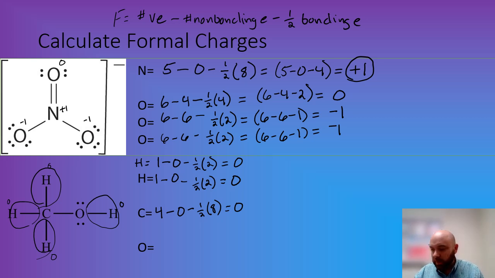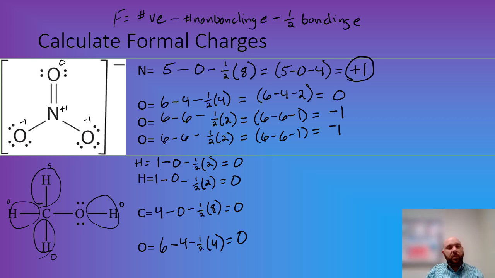In this particular molecule, our oxygen, which normally has 6 valence electrons, has 4 non-bonding electrons and also has 4 bonding electrons. Once the arithmetic is finished there, we can see that the formal charge on that oxygen is 0.